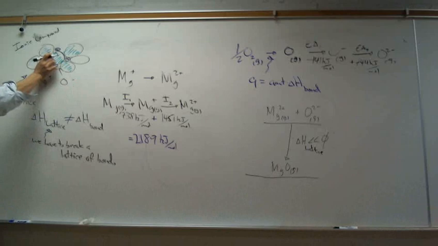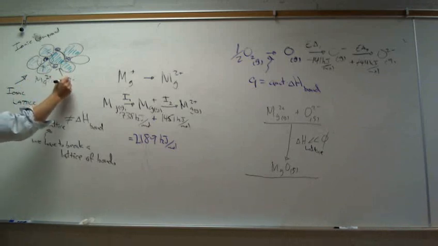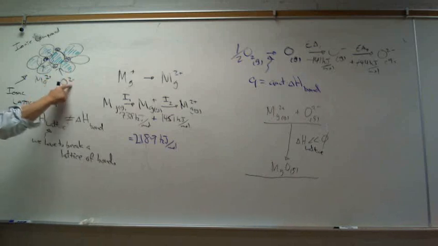It'd be weaker. How much weaker? Half? No. It'd be 4 times weaker, because if you double it, it's 4 times stronger. Coulomb's law. ZA, ZB.